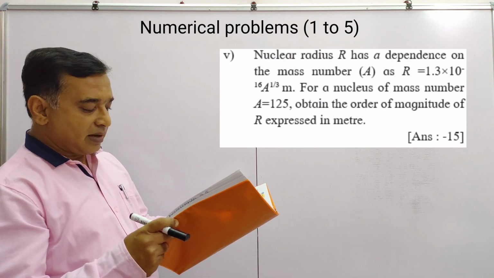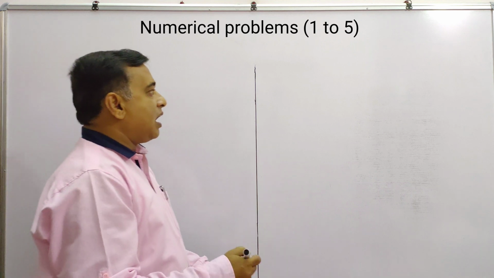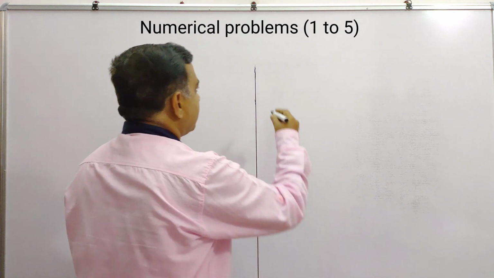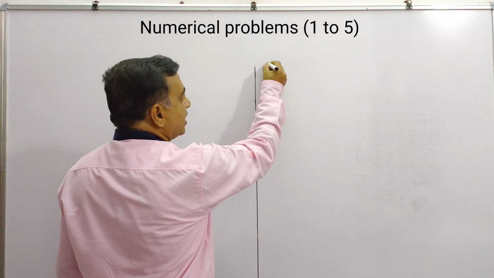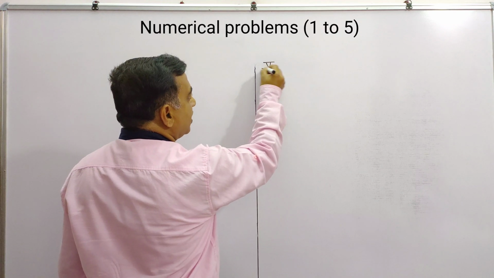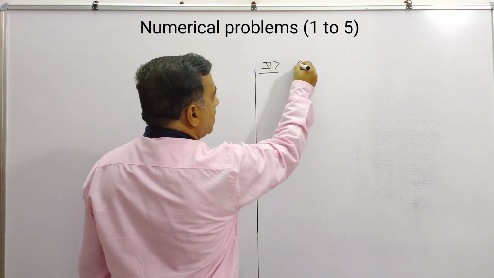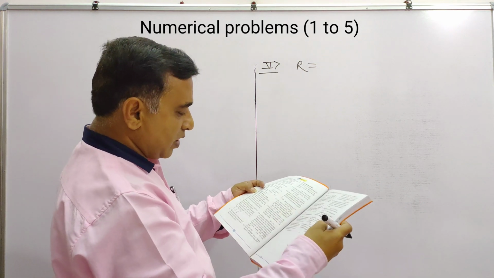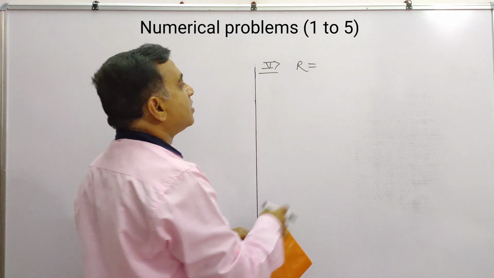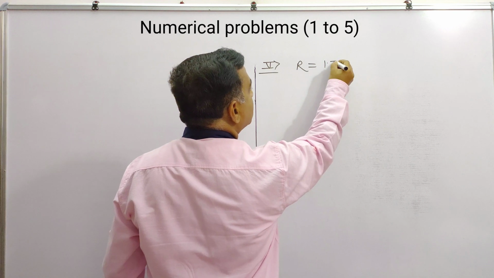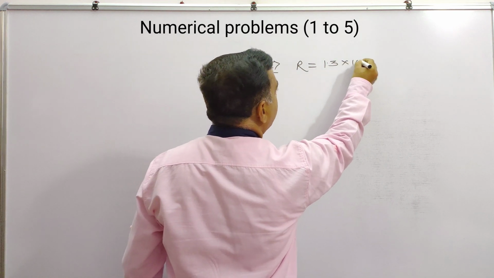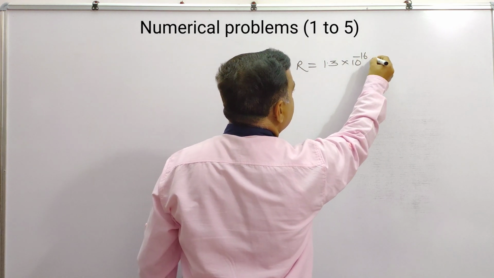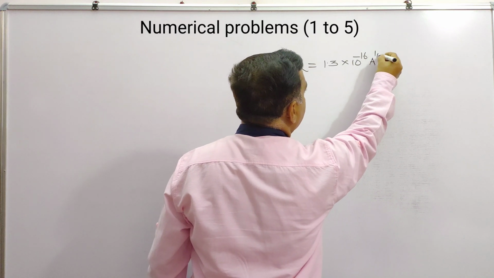So how to get this? Initially, what is given, I am going to write here, R. So for the fifth problem, what is given, R is equal to 1.3 into 10 raised to power minus 16 into A raised to power 1 by 3.